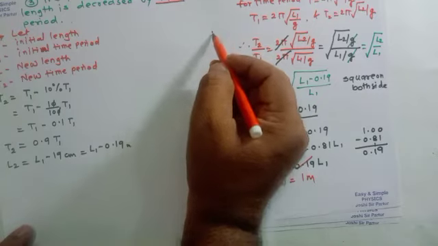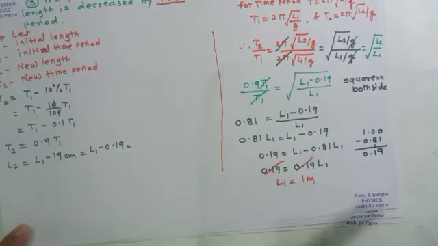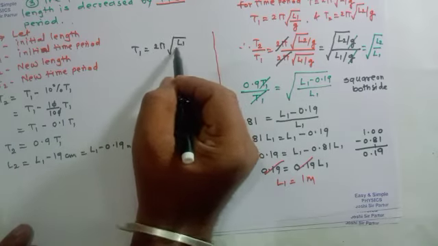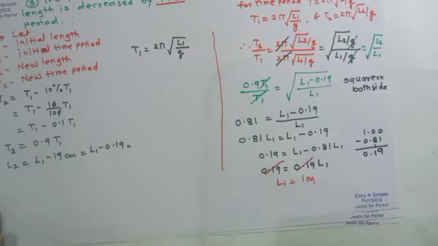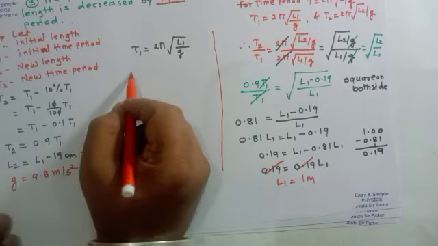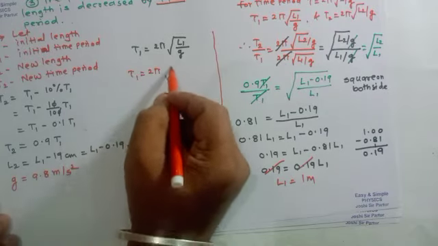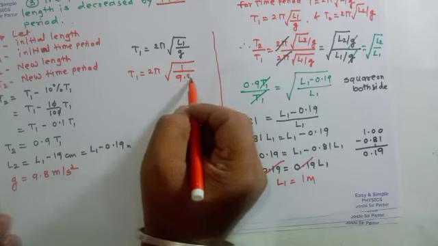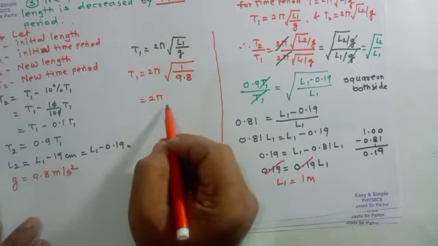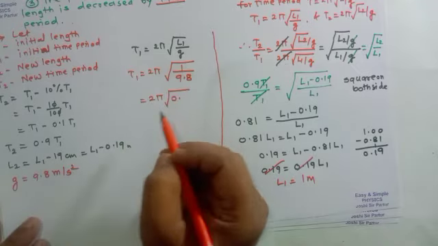But we can find out the initial time period. So the initial time period is equal to 2 pi square root of L1 upon g. We know that the value of g is 9.8 meter per second square. So T1 is equal to 2 pi square root of 1 upon 9.8. By taking the reciprocal of 9.8, it will be 2 pi square root of 0.1020.